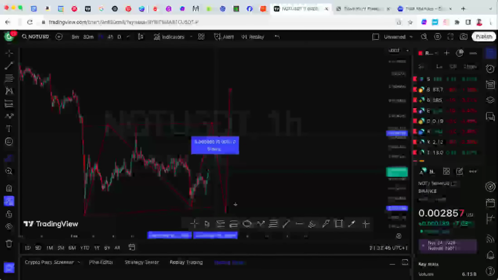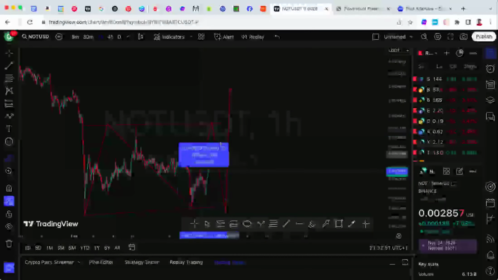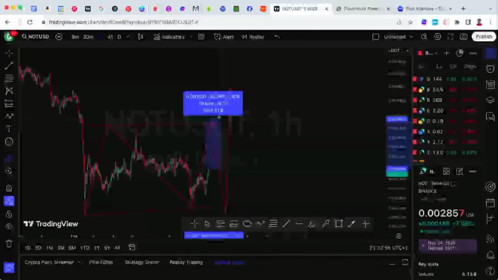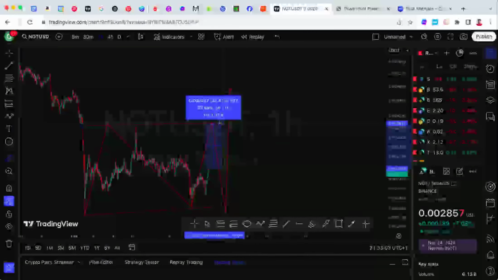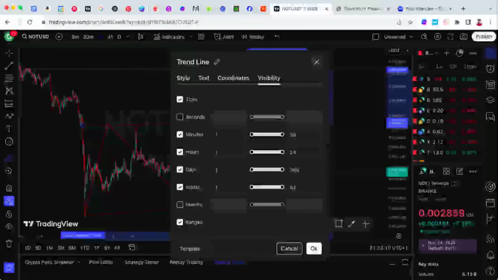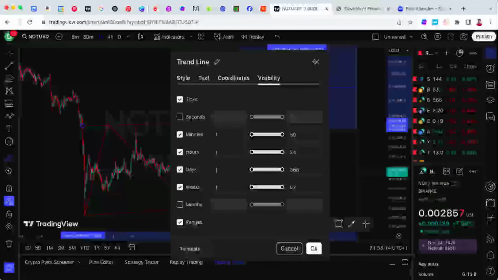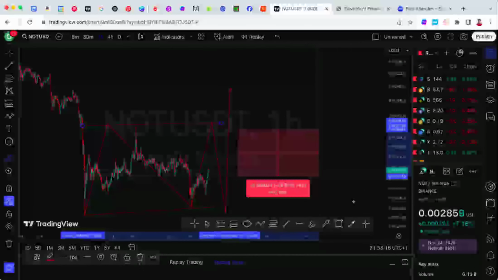Even buying from the current price, targeting this area, targeting 0.03821, you can still have almost 32%. Okay. So for the person who asked about Notcoin, that's using the channel we talked about right now. So that's it.